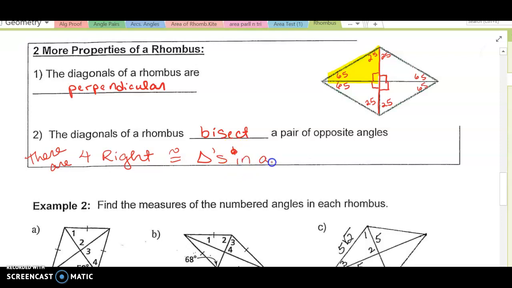That's one way to think of it. And again, I think it's a shortcut to think of it in terms of triangles instead of trying to remember all of these properties by myself. It's a whole lot easier to remember there are four congruent right triangles.